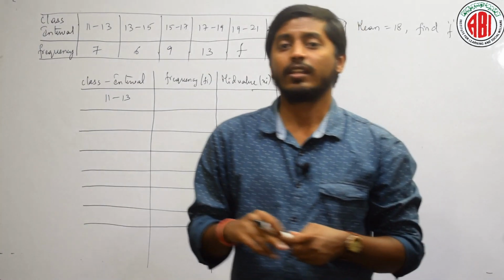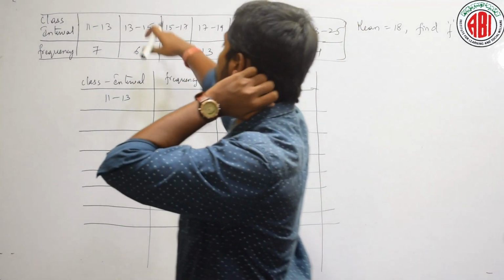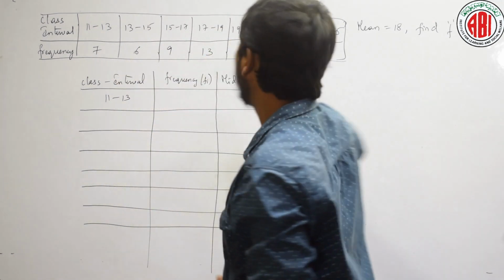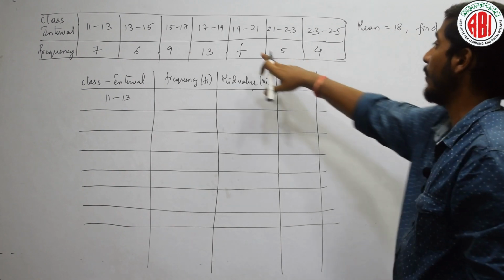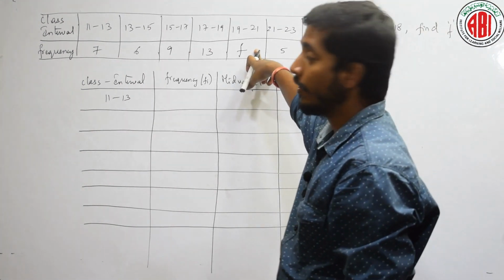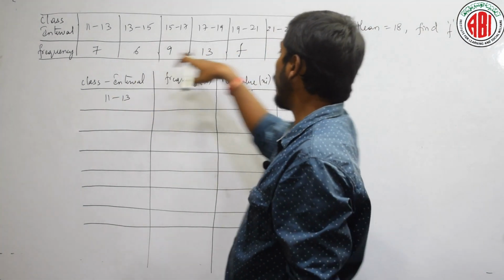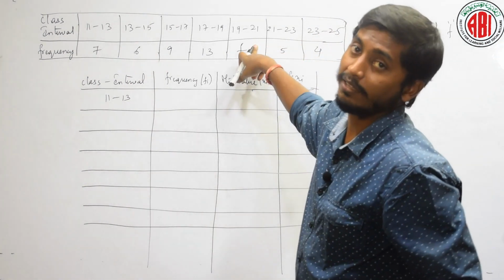Now see here, the question gives a class and frequency table and says the mean is 18, and asks us to find the value of the missing frequency f. They gave all the numbers but did not give one value.